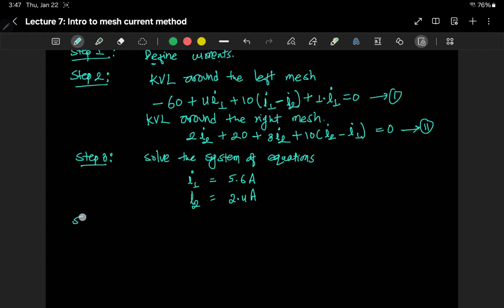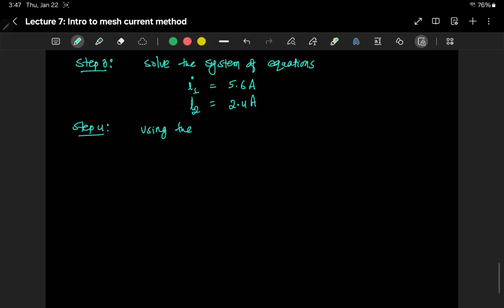So our final step, step 4, was using the mesh currents, find the desired electrical quantity.